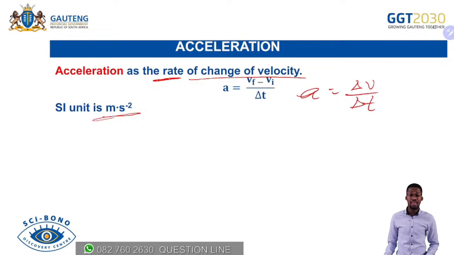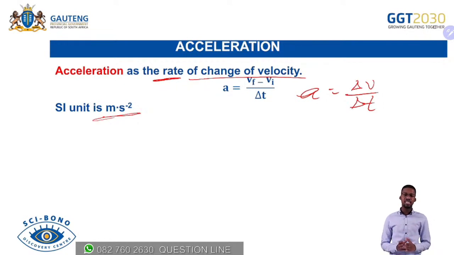We need to address this misconception or careless mistake that learners tend to make. You find that they calculate acceleration, but the units are incorrect. They write meters per second. No. The SI units of acceleration are meters per second squared. Let us not commit this simple error.